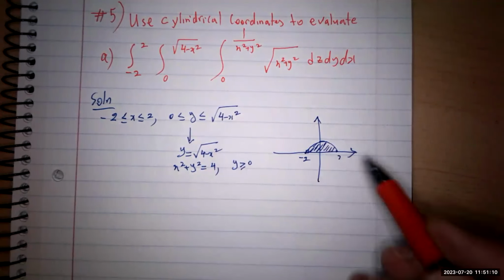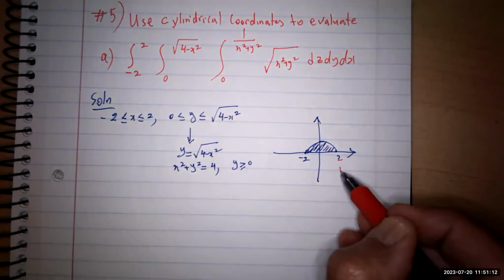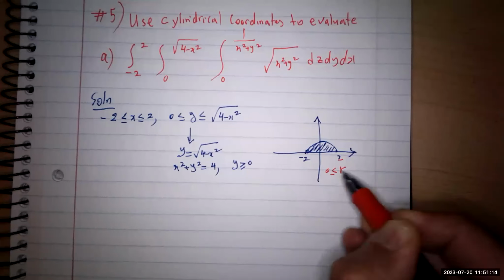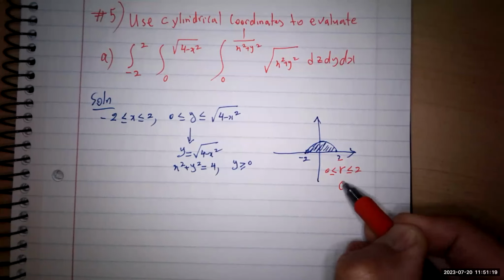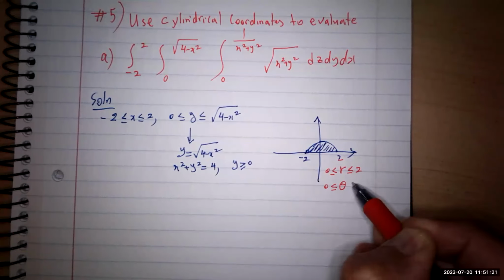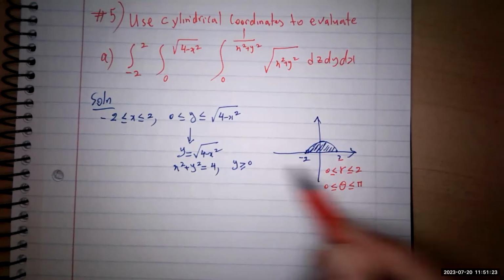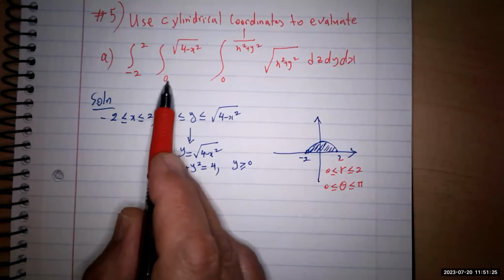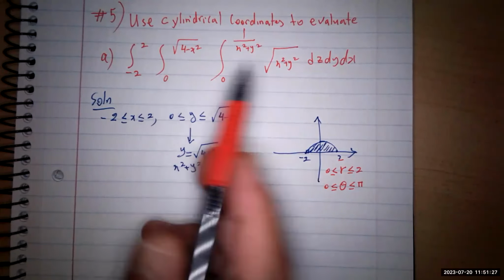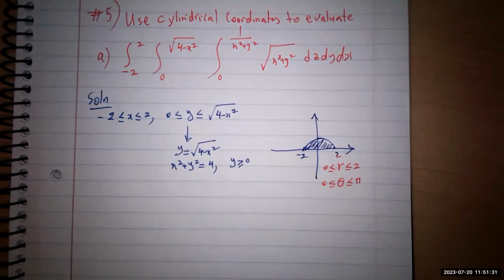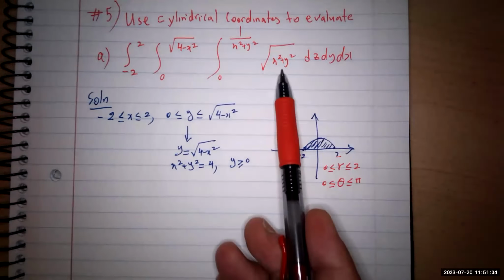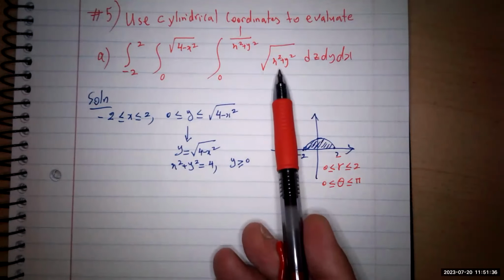In this case, r is between 0 and 2, but theta is only between 0 and pi, because it's half a circle. If they gave you negative square root of 4 minus x squared, that would be the full circle.